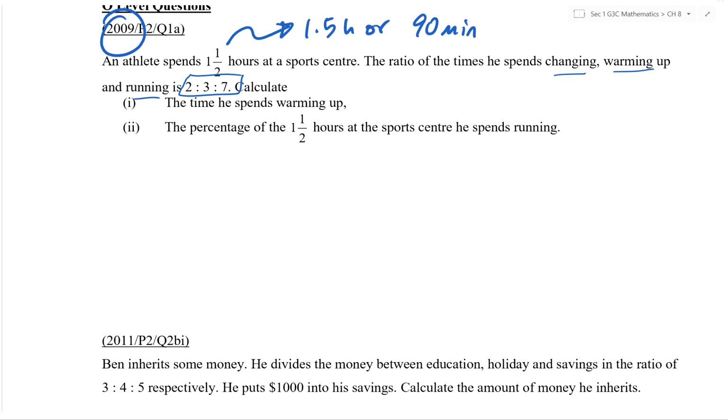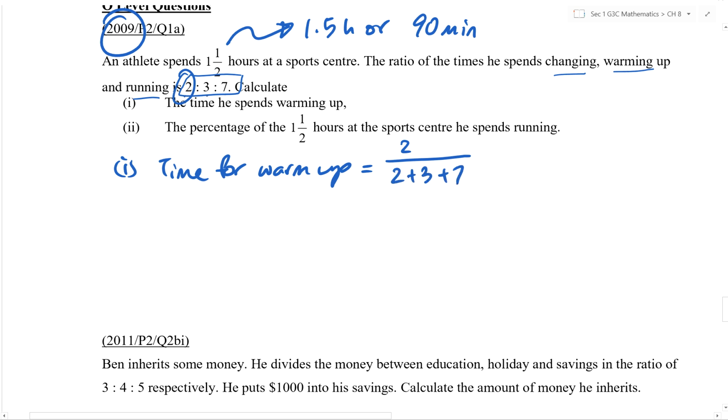But we do know that sticking with hours will result in our answers most likely being hours. Okay, so time for warm-up is made up of 2 units out of a total of 2 plus 3 plus 7, out of a total of 12 units.